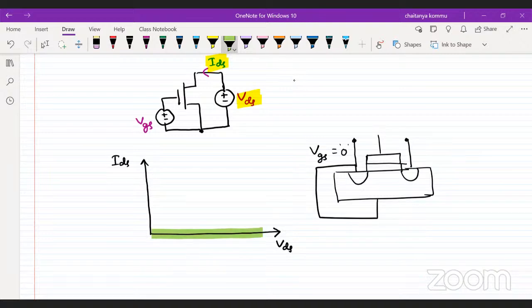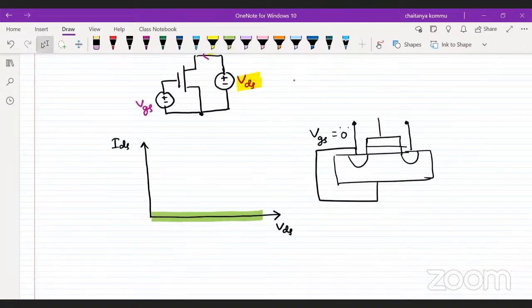This particular point we have to give a name. This is called the NMOS being in the off state. Agreed?